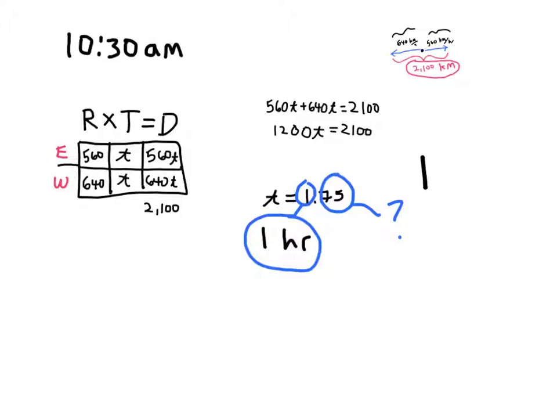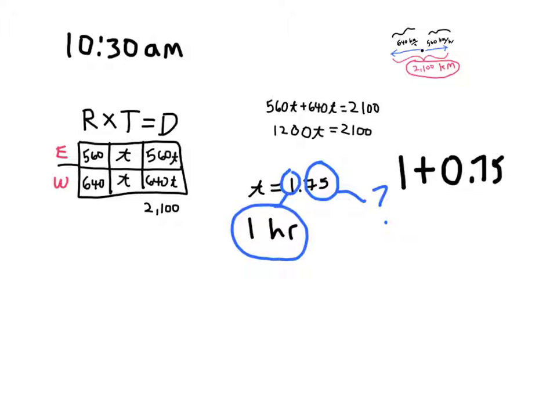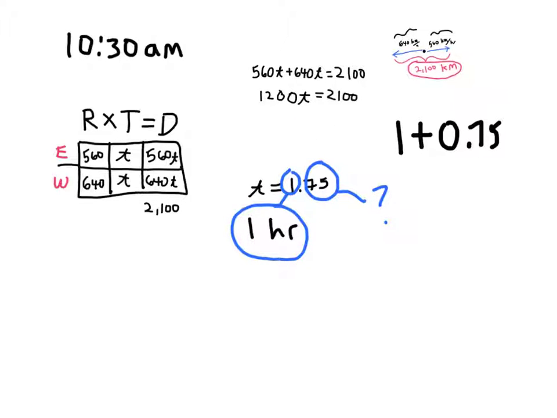We have 1 hour plus 0.75 hours. And when you add those two up, what do you get? You get 1.75 hours. Now we already know that this 1 corresponds with 1 hour, but the question is, what does this 0.75 correspond with? Well, basically the best way to handle that, in my opinion, is to set up a proportion.